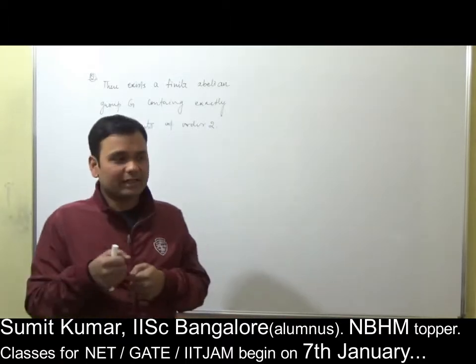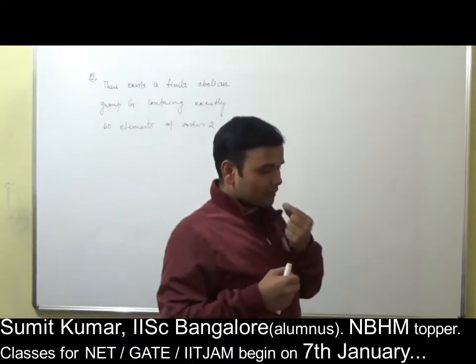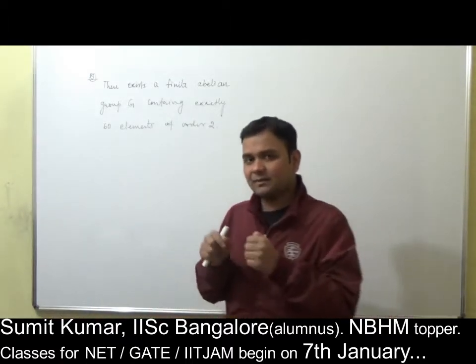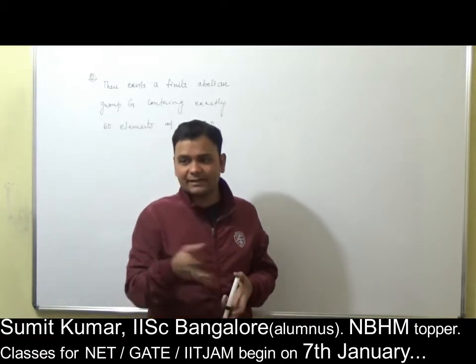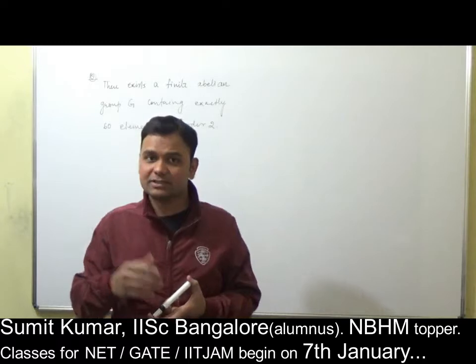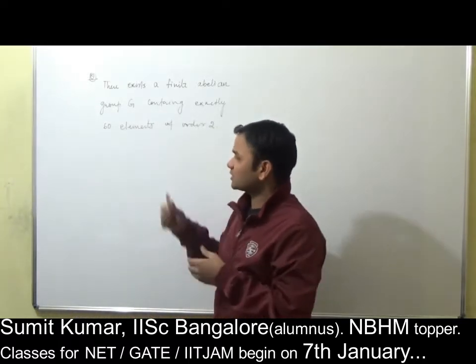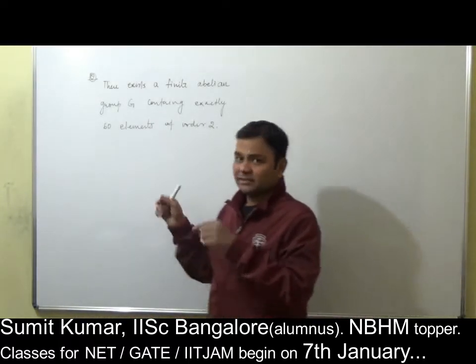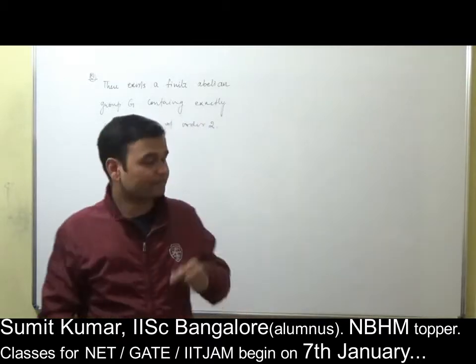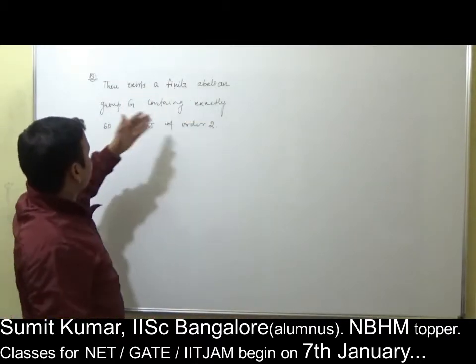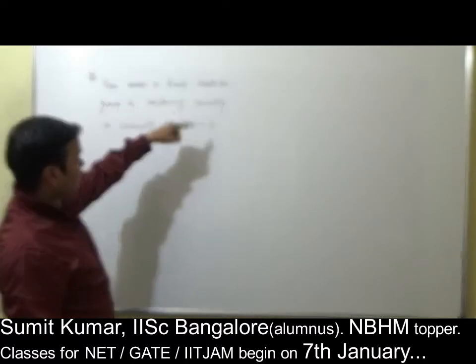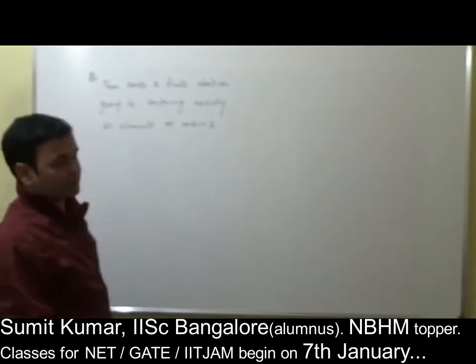I will take elements of order 2, because I feel this is important if you are going to write exams like IIT JAM, NET, GATE, NBHM, anything. So here is the question. This question was asked in TIFR 2017: there exists a finite abelian group G containing exactly 60 elements of order 2.